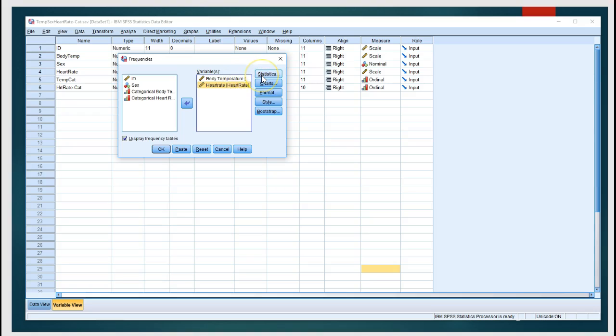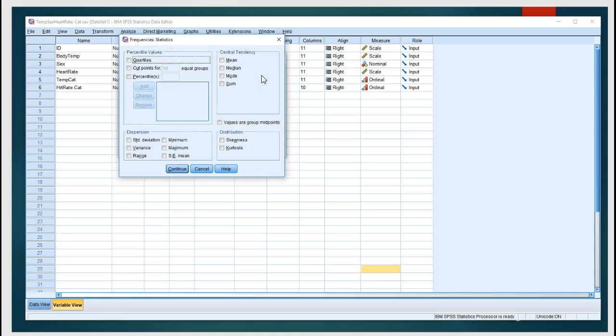And then when we look at statistics, the ones that are requested in item number 3 were these measures of central tendency, which are mean, median, and mode.